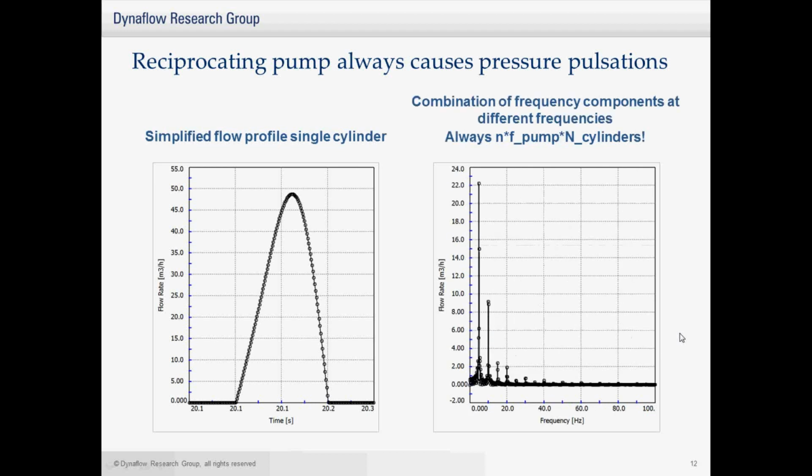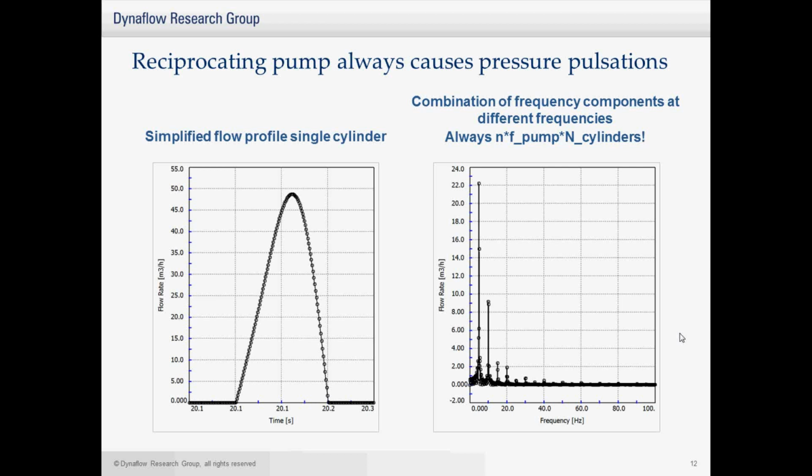If you look at the frequency components of such a system, this is very handy if you're looking at what kind of excitation frequency such a flow profile really contains. On the left you see the simple flow profile, and on the right you see all the frequency components of that flow profile.